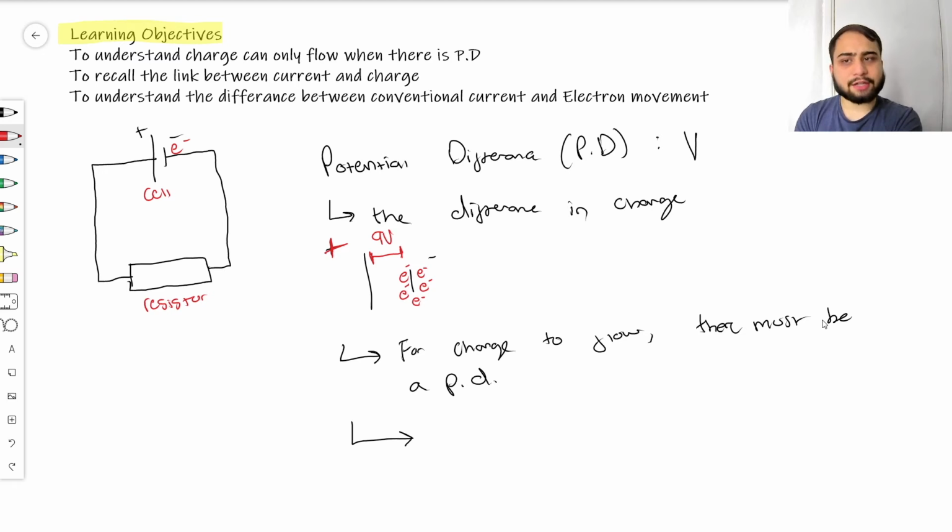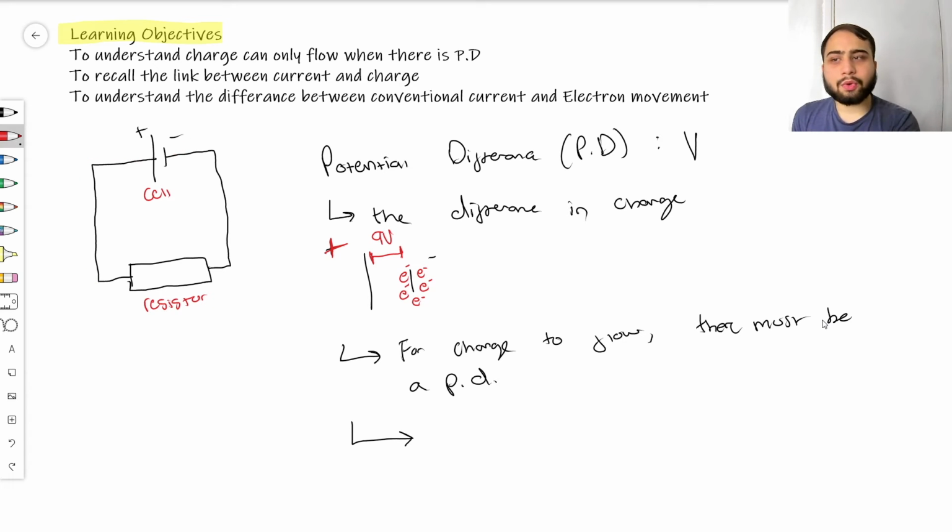So these electrons want to actually be on the positive plate, but can they just jump across this little gap? Well, for this exact cell, no, they can't. So instead, they have to travel all the way across the circuit to the positive plate, right? So all of this charge has to flow through all of our components here, in this case the resistor, to reach the positive plate. So for charge to flow, there must be a potential difference.